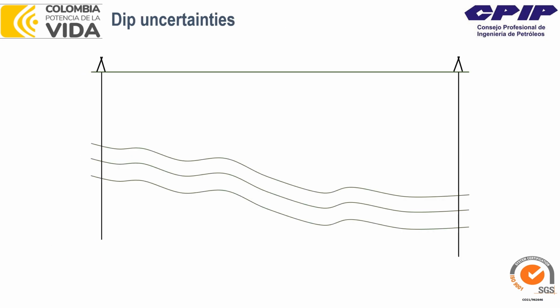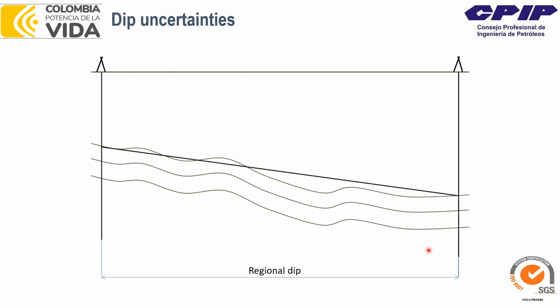First, starting from the dip uncertainties. In this picture, you see two offset wells, for example, well number 1 and well number 2, and we have a few kilometers distance between these two wells, right? And if we try to correlate the regional dip between these two wells, it will have some value, right? According to this structure.